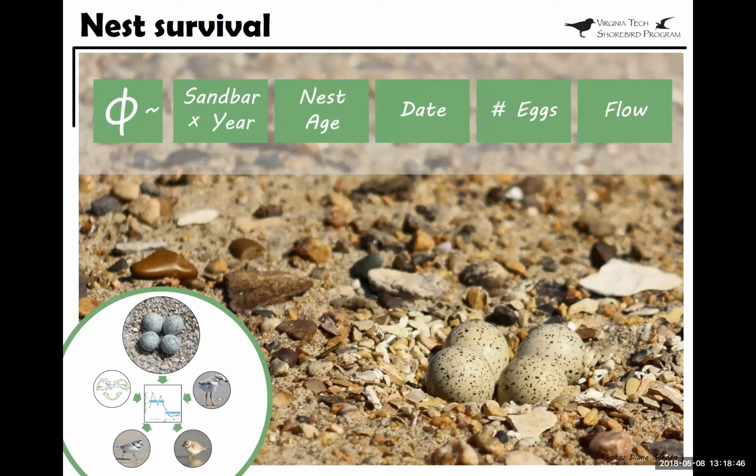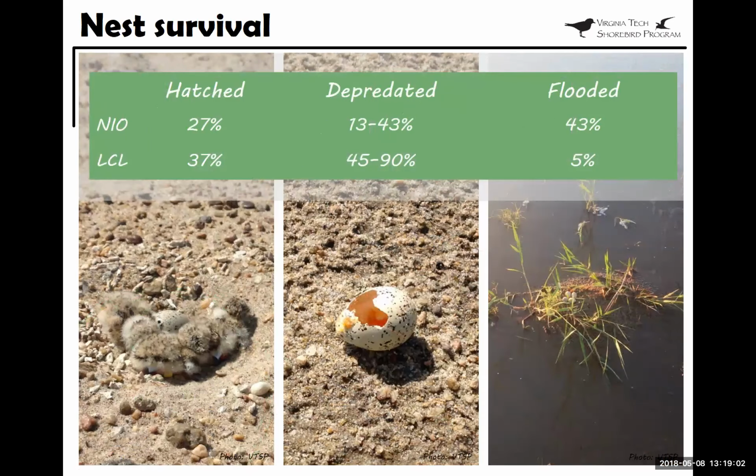The logistic exposure model accounts for the fact that the probability of surviving a given interval depends on how long that interval is. And it's appropriate for data when you find nests at different ages, because it takes into account that some nests would have failed before you ever found them. Apparent nest success, which is just the rate that we observed in the field, was 27% on the Niobrara and 37% on Lewis and Clark Lake.